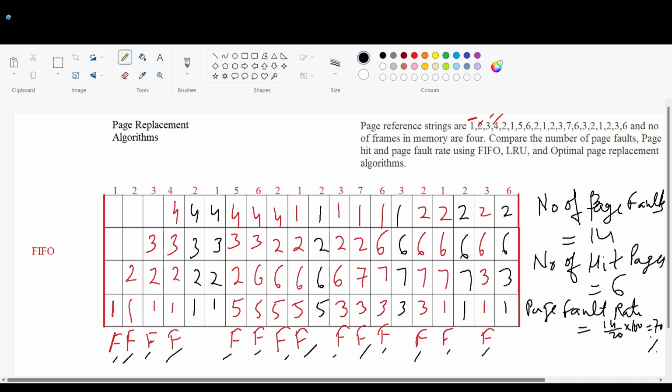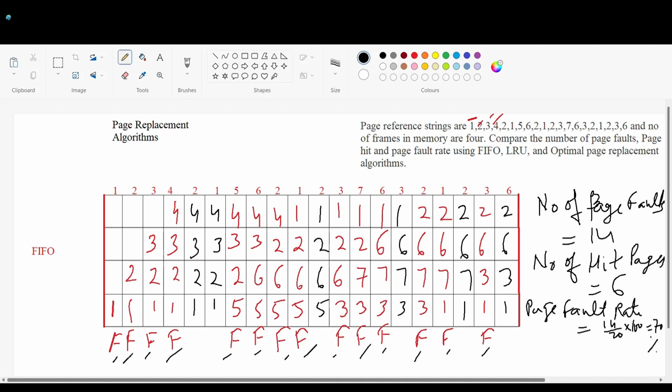So 4 will be replaced by 5 because 4 will not be used in this whole process. We replace the page that will not be used for the longest period of time. So 4 is replaced by 5. Understand? So 5, 3, 2, and 1. This is a page fault.